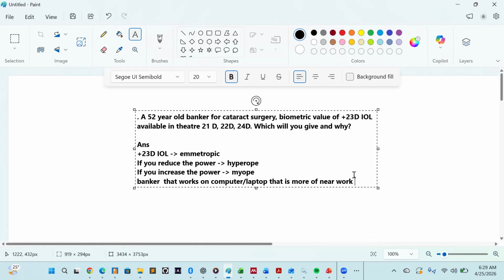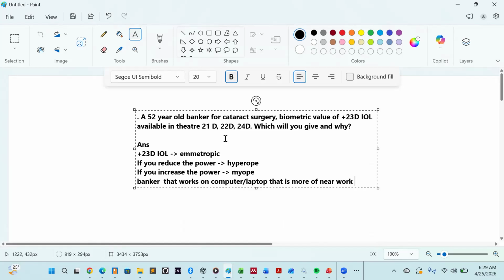Unlike maybe a waiter or someone who does a lot of distance work, those ones will prefer the lower power so that for their near work they will wear glasses. So again, it depends on the occupation. Any of them can be given, depending on the occupation. From the question here, the banker does more near work, so it will be 24.